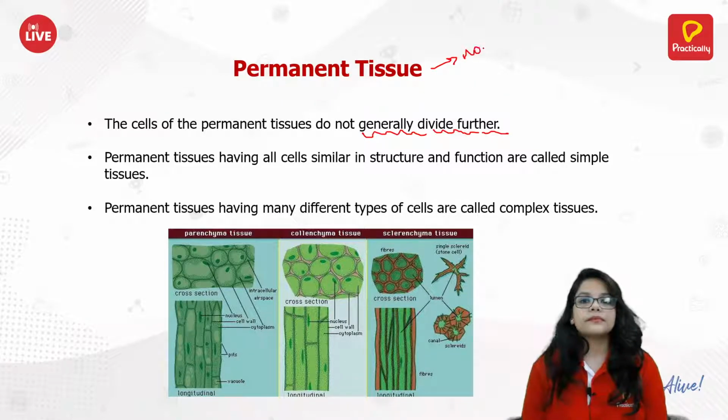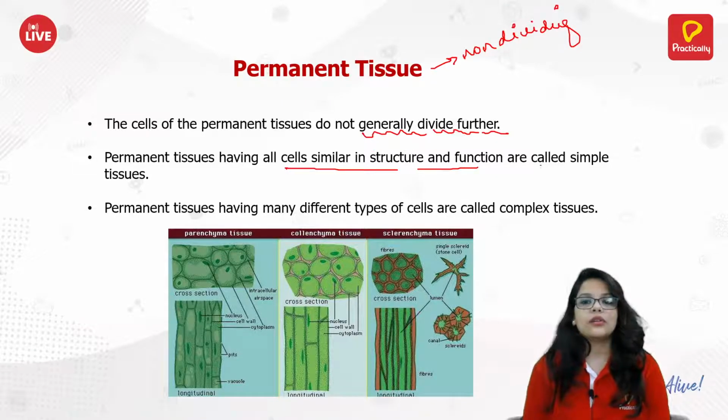Non-dividing. Permanent tissues having all cells similar in structure and function are called simple tissues. And permanent tissues having many different types of cells are called complex tissues.